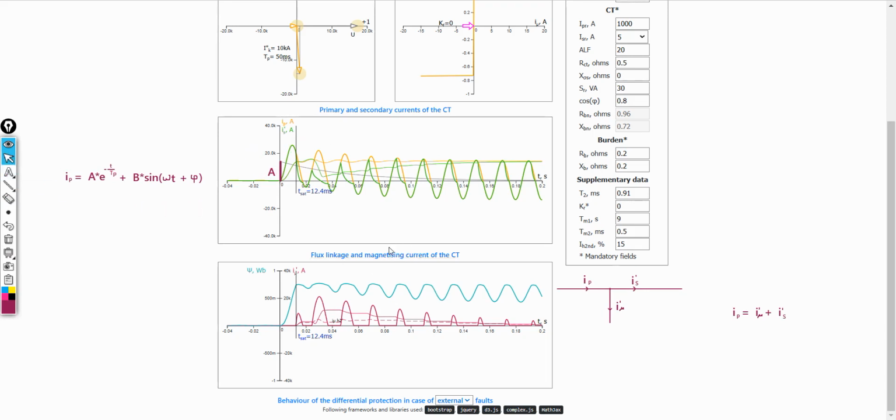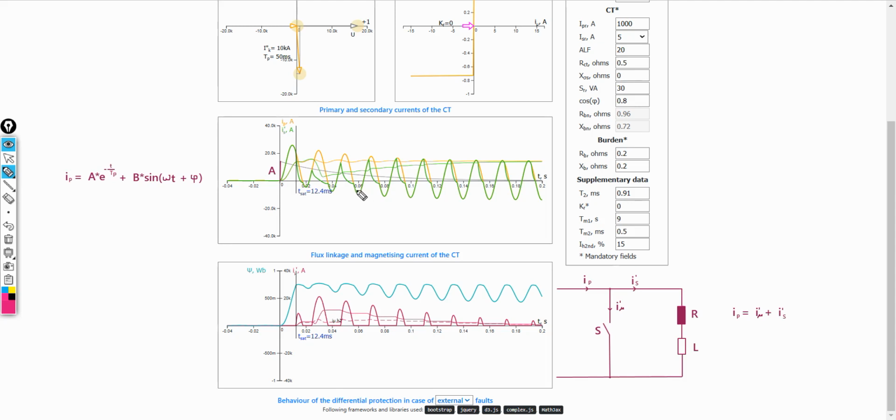The secondary current has a much more complicated shape, especially when the current transformer is saturated. Usually, in the shape of the secondary current, there are segments with the exact transformation and such segments in which the current transformer is saturated.